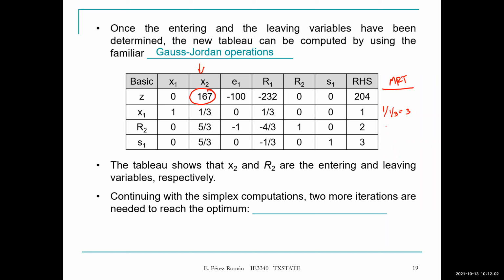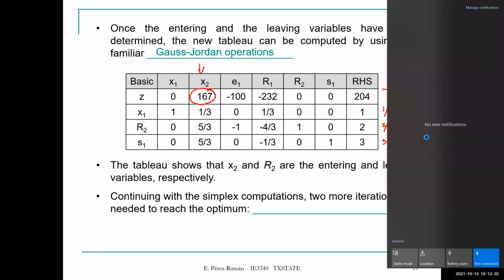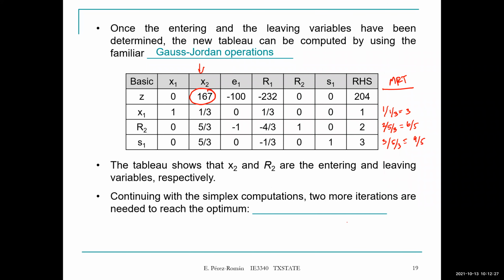It's going to be 2 divided by 5/3, so this is 6/5, and it's going to be 3 divided by 5/3, and this is going to be 9/5. So the minimum is R2. So x2 is going to enter, R2 is going to leave.